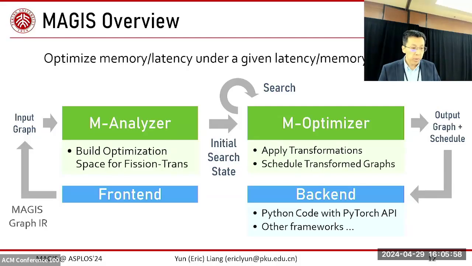Then the optimizer will iteratively apply the transformation, schedule the transformed graph, and in the end generate the optimized graph and schedule, which is used as input of the backend. The backend will generate the executable code compatible with existing frameworks such as PyTorch and others.